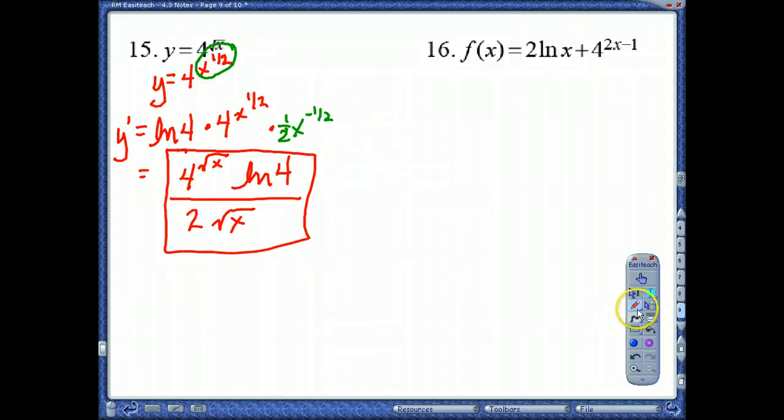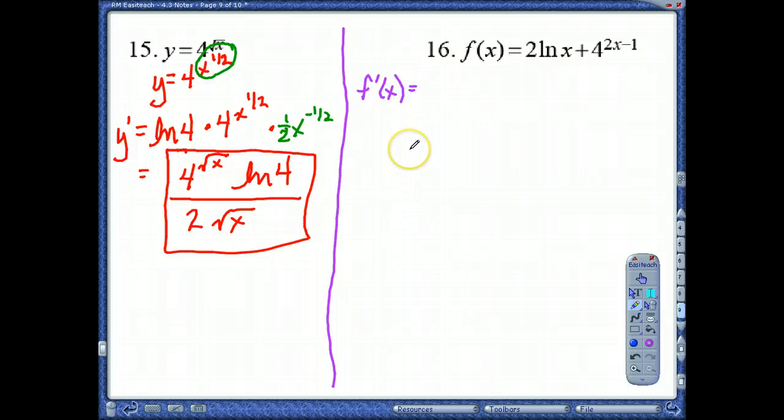Okay? So let's look at our last example here. We've got a mix of some natural logs and some exponentials. We've got a little bit of everything. But note, we've seen product rules, quotient rules, chain rules, power rules, logarithms, exponentials. We've got it all now. So when I take the derivative of 2 natural log of x, that's going to be 2 times 1 over what you're taking the log of, times the derivative of what you're taking the log of.